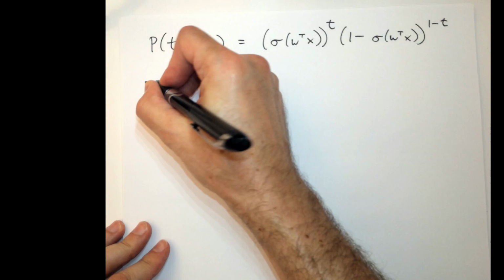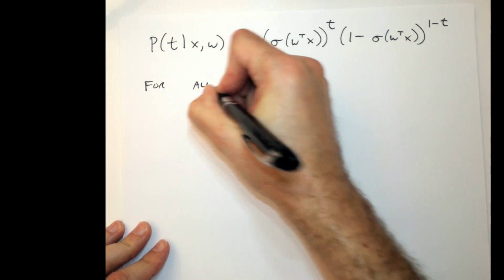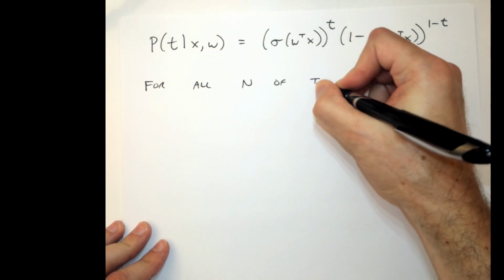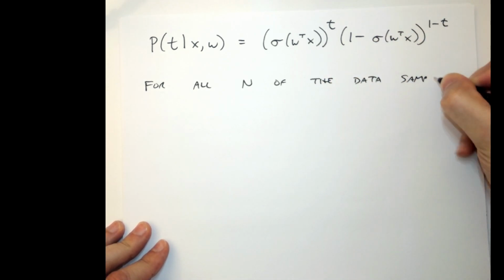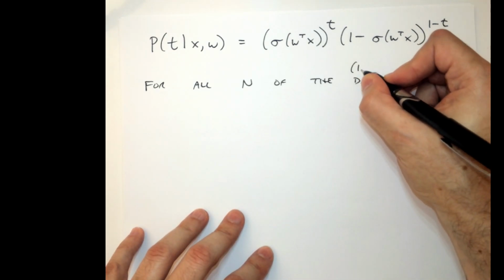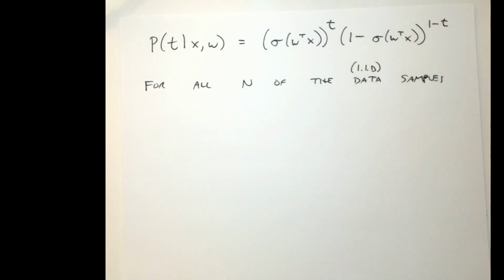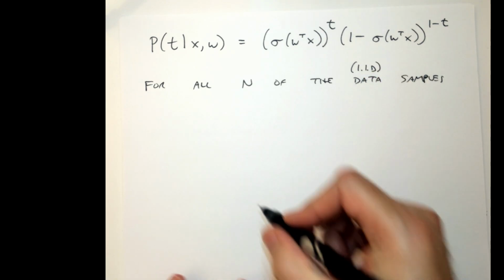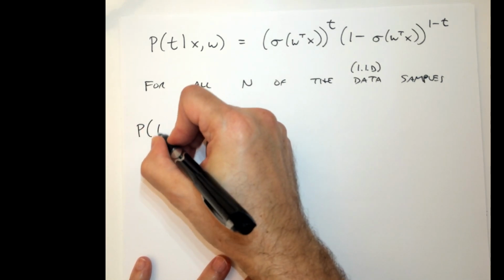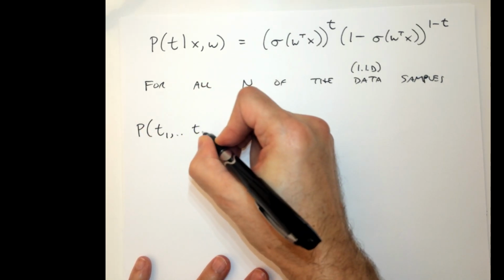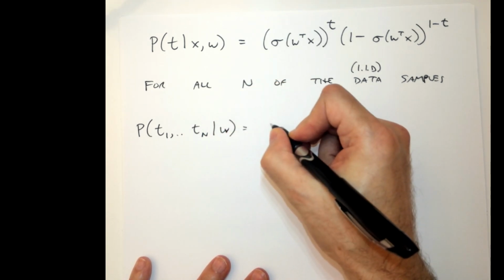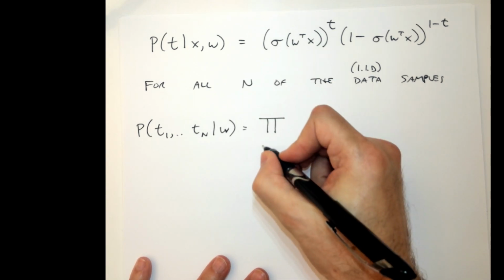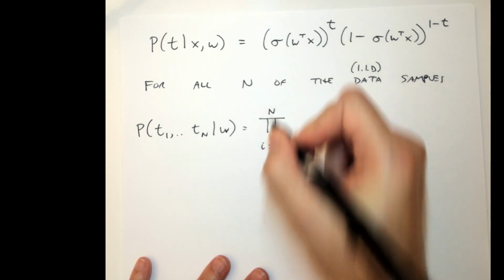So for all n of the data samples, and again, we're assuming that these data samples are all IID, coming from the same distribution, then the probability of all of the class labels given a set of weights is the product of all these things.